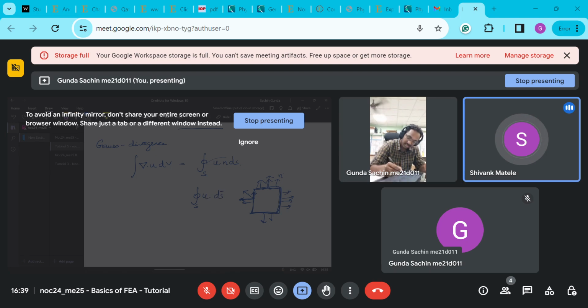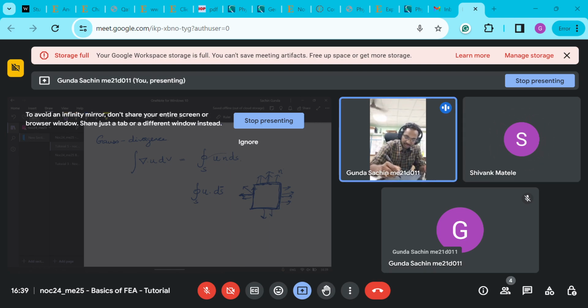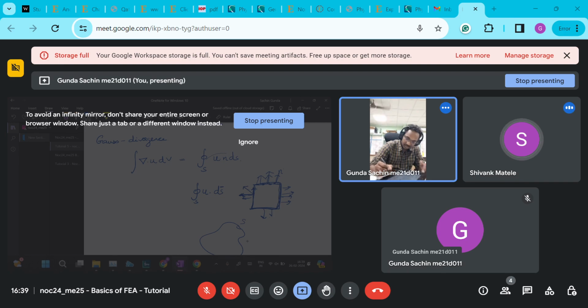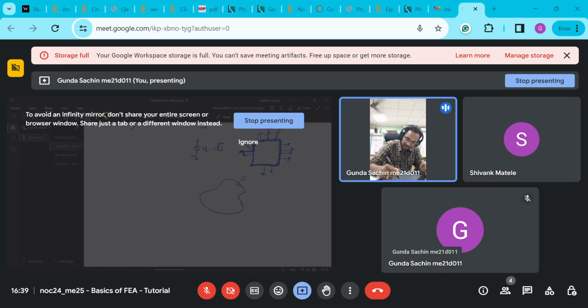So sometimes you might see this as something like u dot ds. No, no, it's like n changes with s. Let's say you have an arbitrary surface. So at this point n would be normal to this.